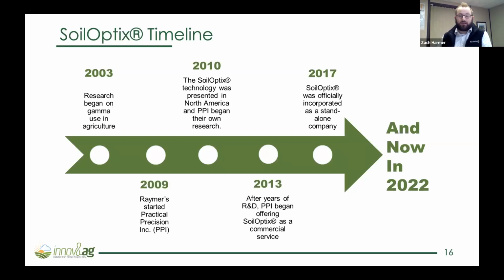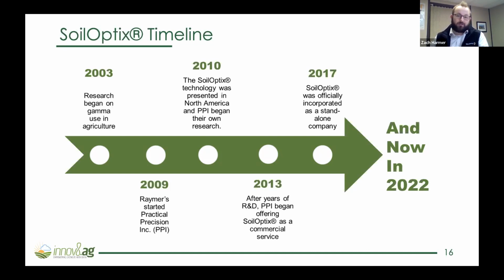That's where we really started to ramp up our understanding of how we can deliver this information to growers, what they can gain out of it, and what the ROI is. That's when we began our journey in 2017 as a standalone company, what SoilOptix is today.